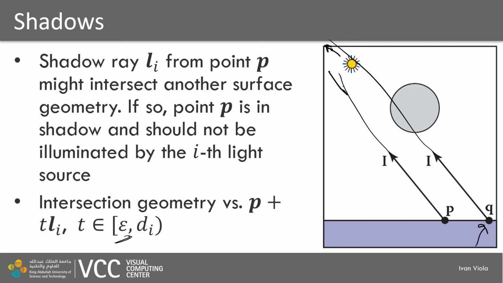Therefore we go a little bit outside so that this numerical imprecision cannot happen. So this would be t equals epsilon.